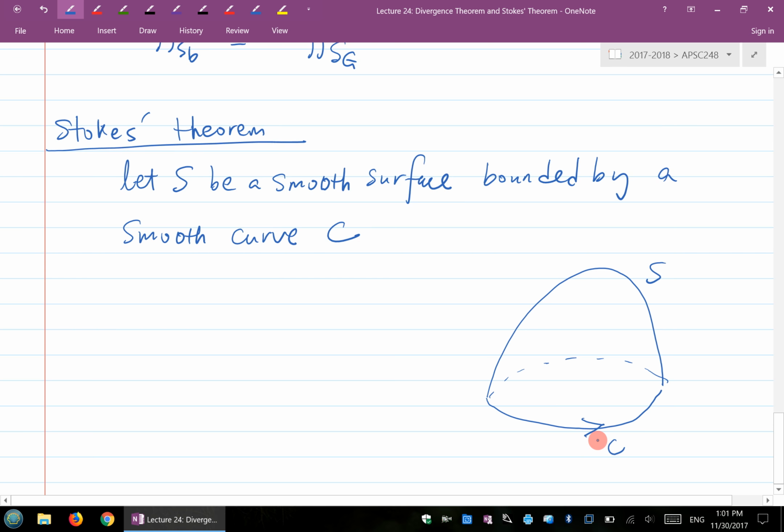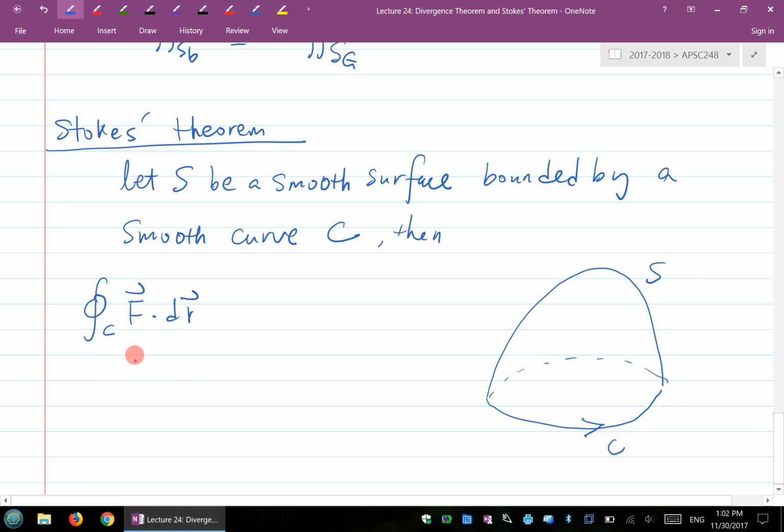I'll draw the curve C out, and I'll draw a direction for the curve C. Then if you integrate over this curve C, this is what we call the vector line integral. If you try to get the circulation around the curve C, that's what this is.